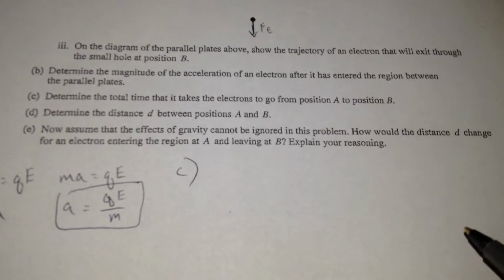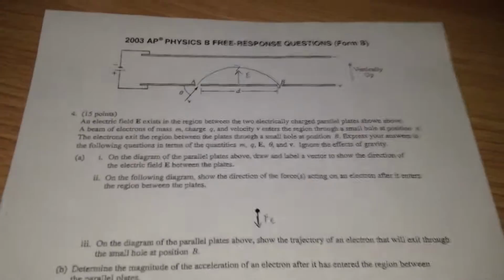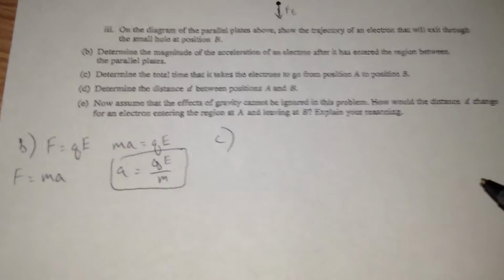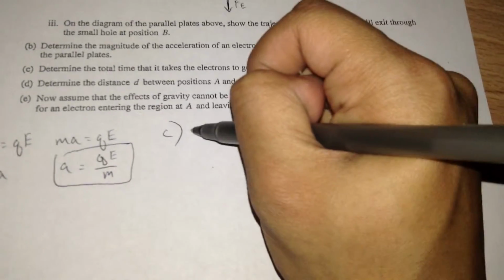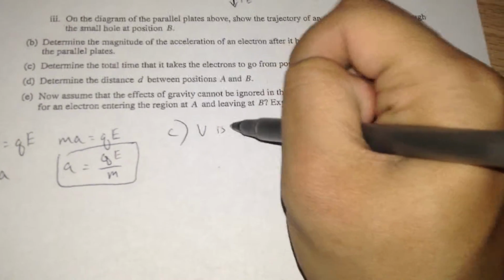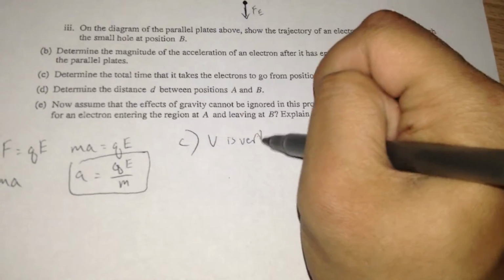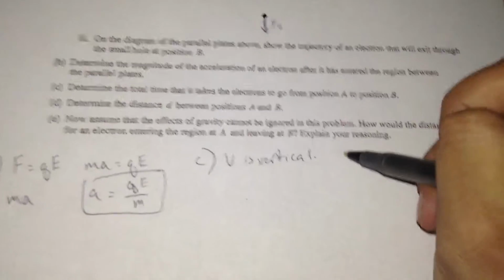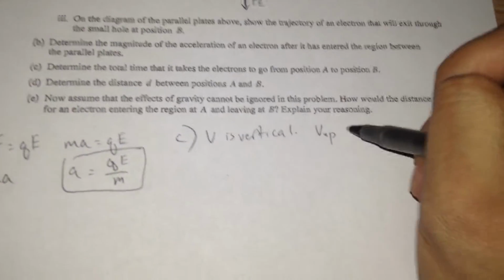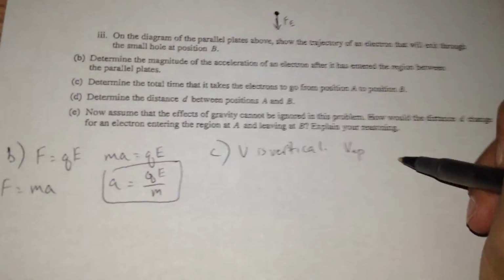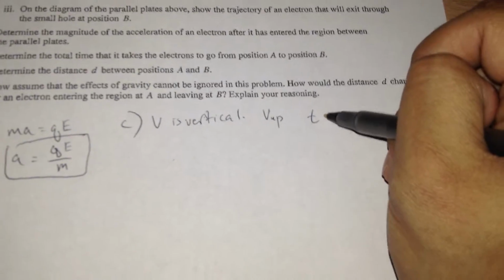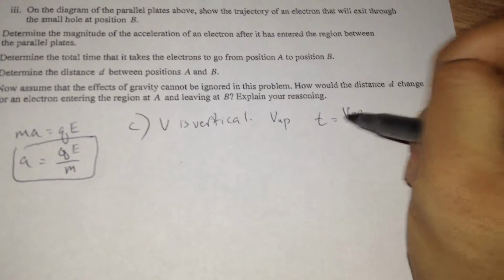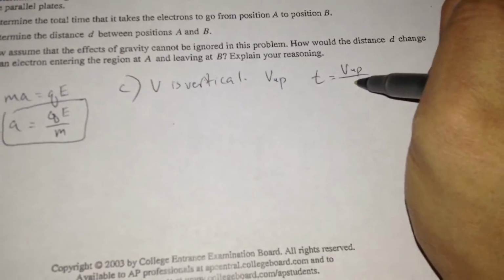Part C. Determine the total time that it takes the electrons to go from position A to B. So, because v is vertical, we have v up, and the time to half way up to the middle will be v up, t equals v up over a.